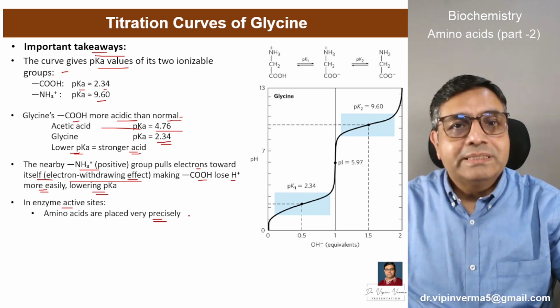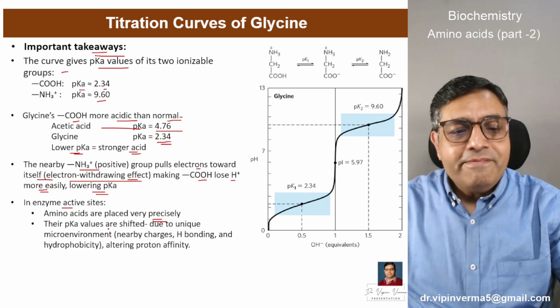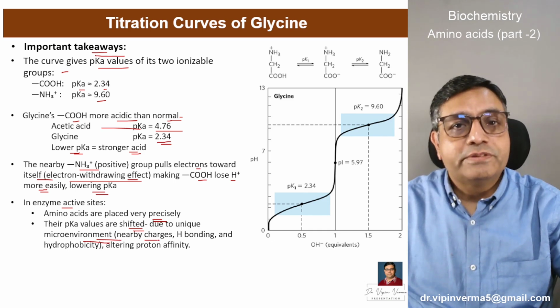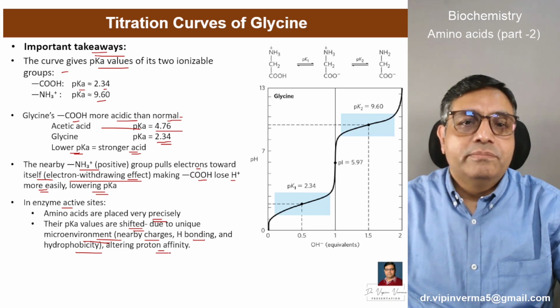Okay, now if we see in enzyme active sites, amino acids are placed very precisely because they have to make the center where the substrate will bind to the enzyme. So their pK values are shifted, and they are shifted due to unique microenvironment. For example, there are nearby charges because of some other amino acids and hydrogen bonding or hydrophobicity, and that alters the proton affinity.